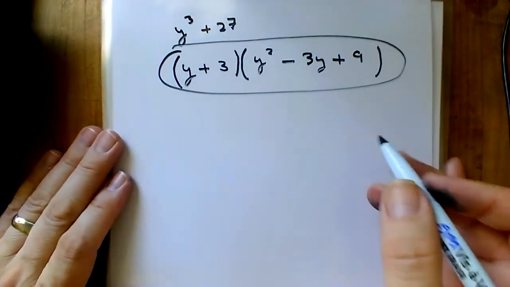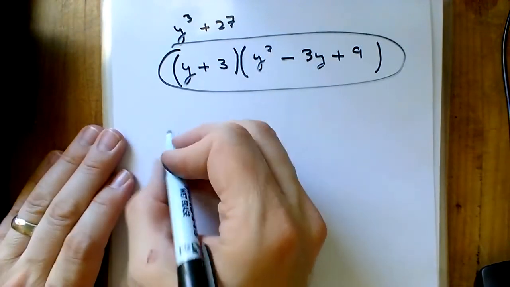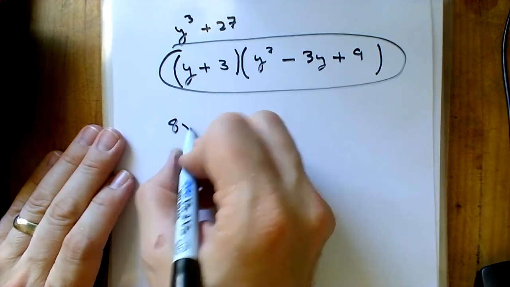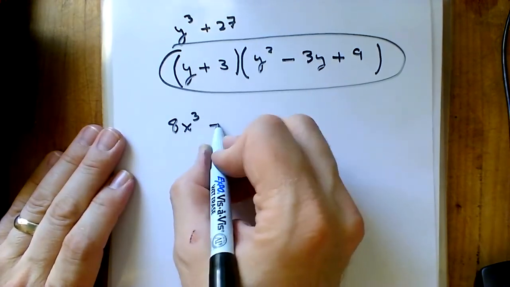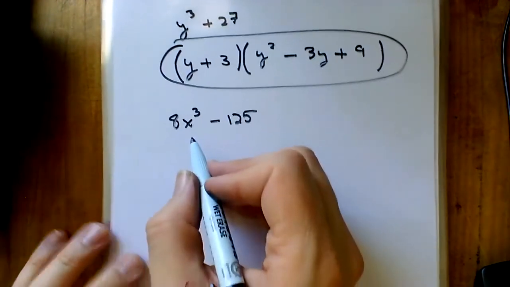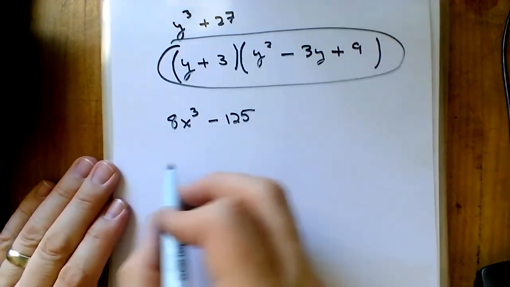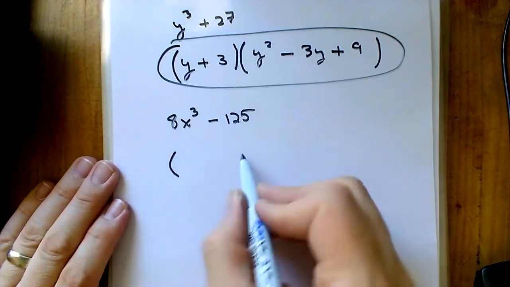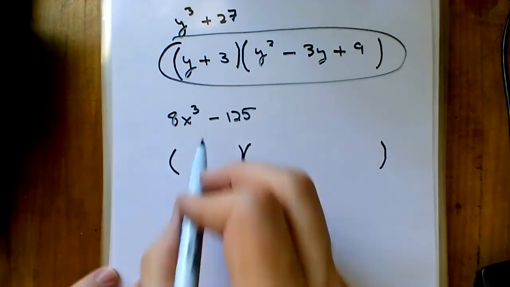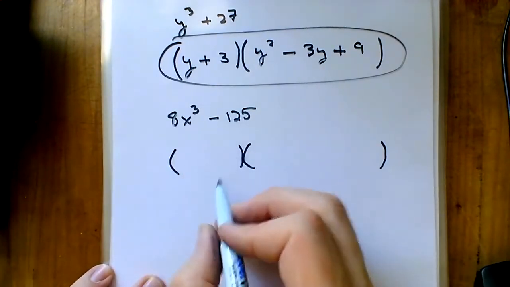Let's do it again. I'm going to do a tougher one: 8x cubed minus 125. This one looks really intimidating until you realize that it's just applying the model. We use our SOAP.